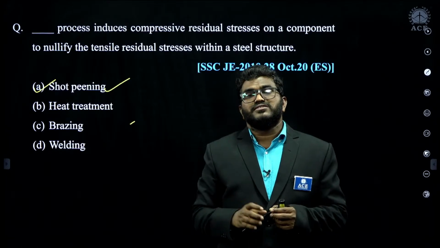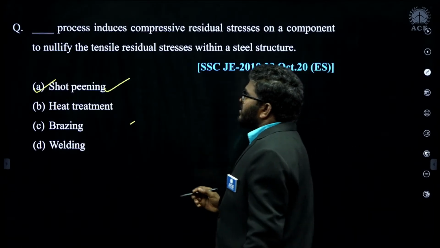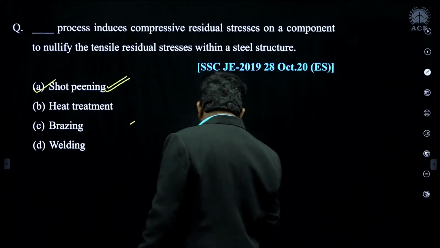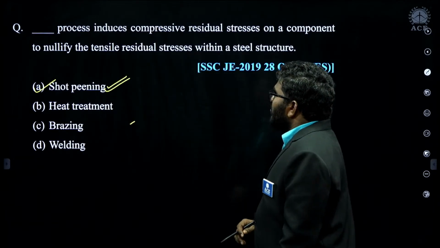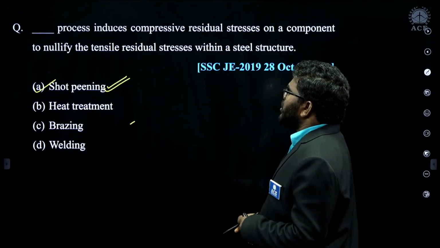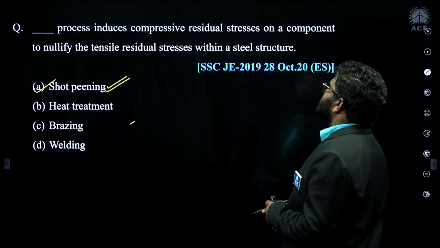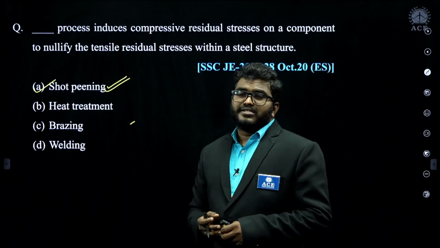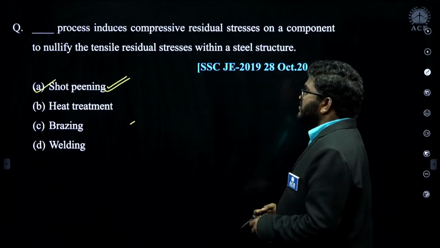Fatigue strength will increase. That's why shot peening is the most correct answer for this question: the process that induces compressive stresses on a component to nullify the tensile residual stresses within the steel structure.